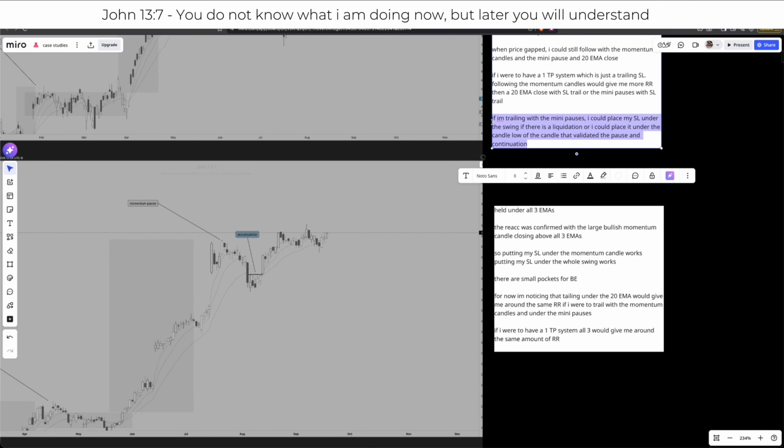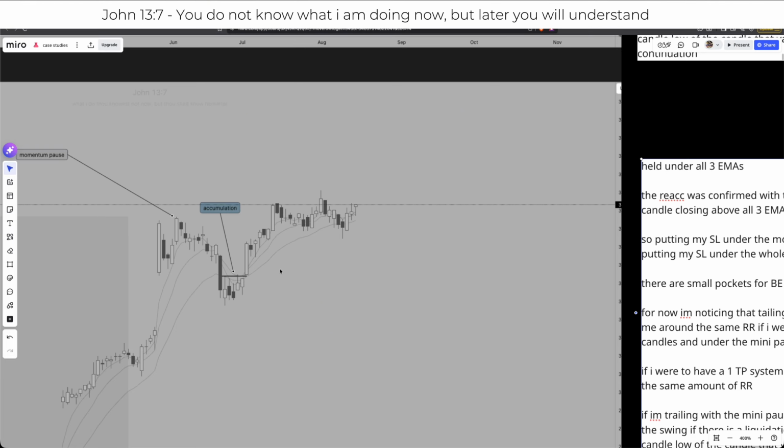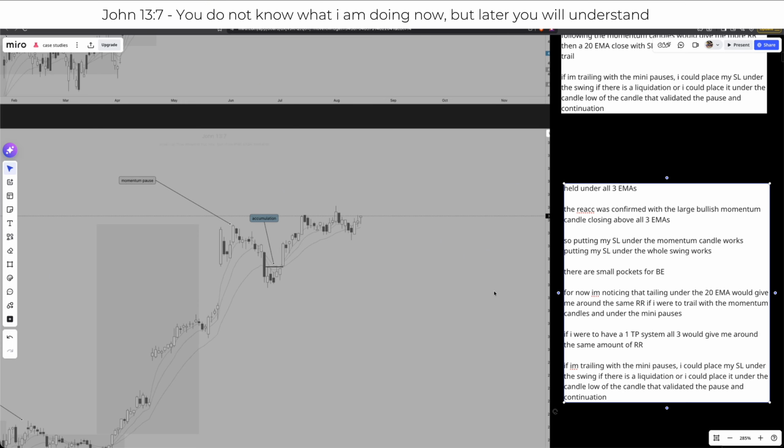Okay, let's copy this. So if I trail with the mini pauses, I can place my stop loss under the swing, or the candle low. So under the candle low, or the candle that validated the pause continuation.